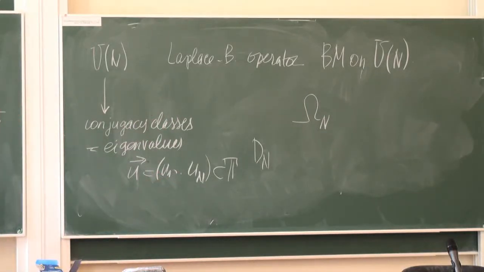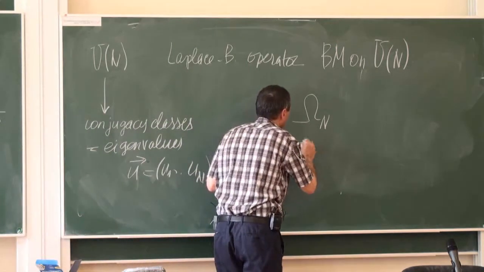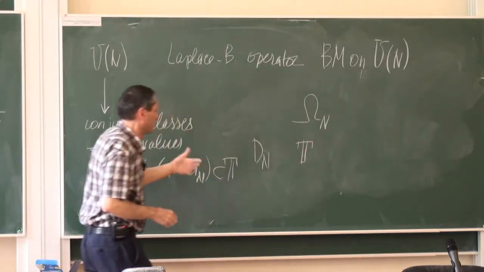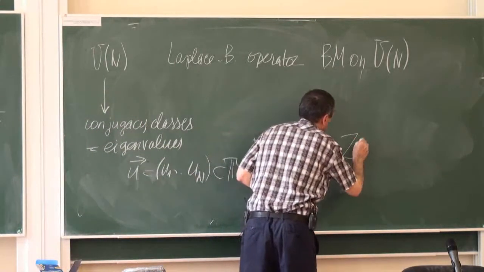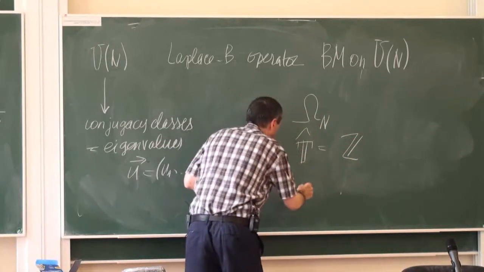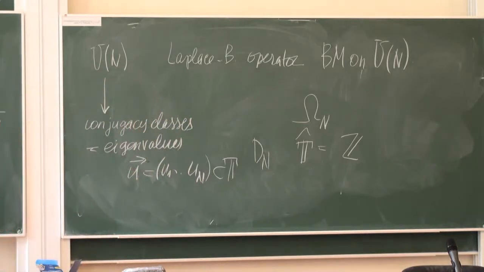Dual here means in the sense of duality between conjugacy classes and irreducible representations or irreducible characters. In the simplest case, say of the circle group, which is both compact and commutative, the dual group is the lattice. But in the case of a compact group, the dual object is the set of irreducible representations.